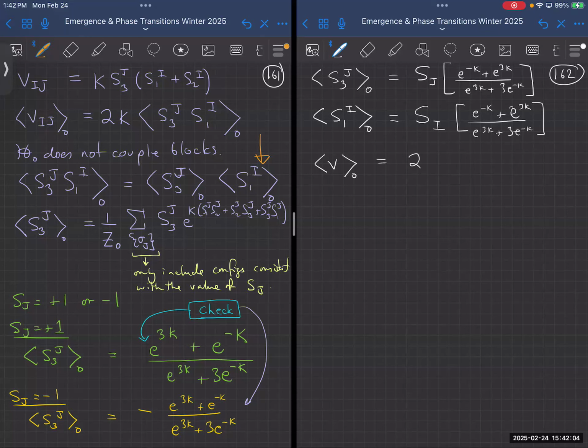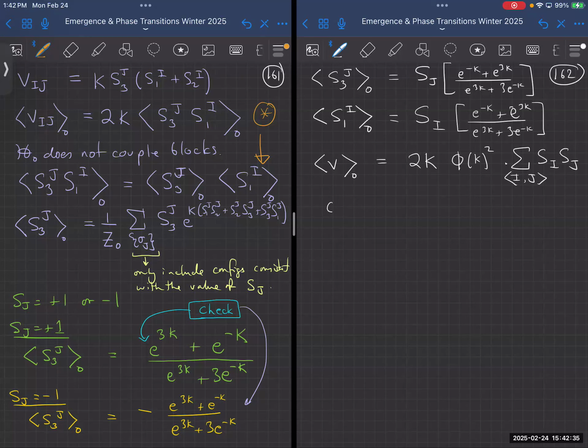Let's go back and go through it. So I'm going to go up to here. It's 2k times the product of those functions. So it's going to be a function I'm going to call phi of k, which I'm going to define in a minute, and it's this function squared, multiplied by the sum over i and j, nearest neighbor blocks, Si Sj.